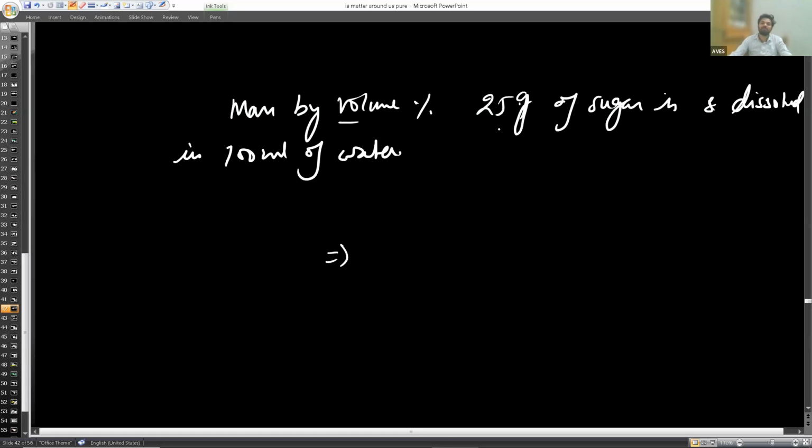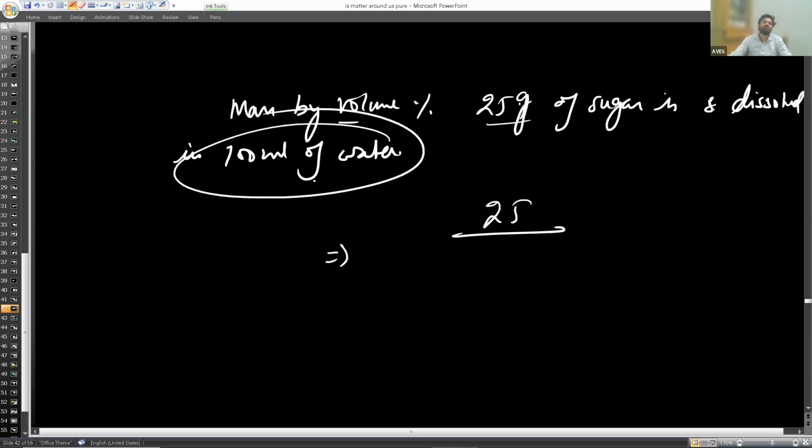It is very simple: you will take 25 as the mass and the volume of the water as the volume of solution, 100 ml. Here you will not add, because if you try to add 100 ml plus converting sugar into ml, no, because sugar is going into the intermolecular space.